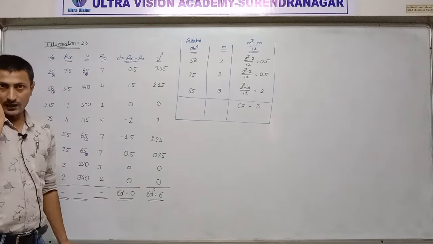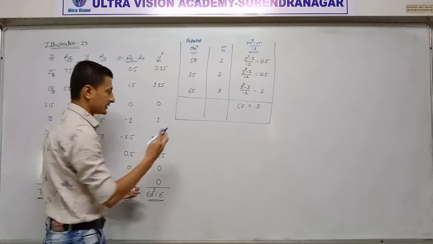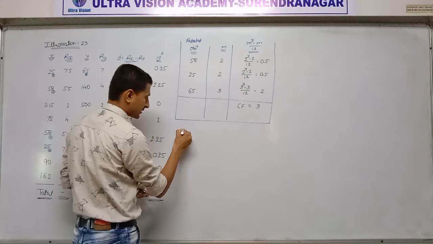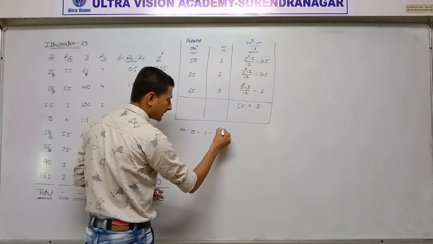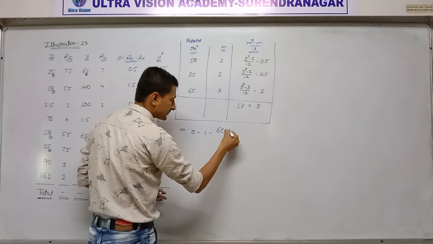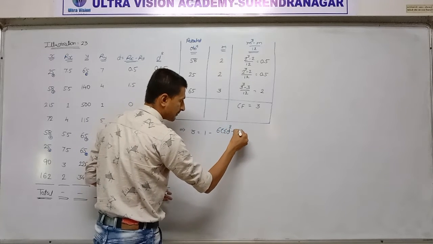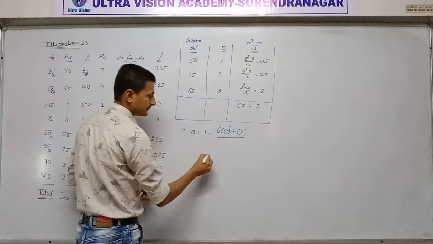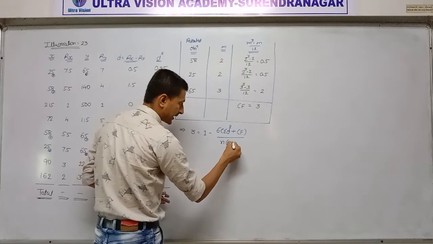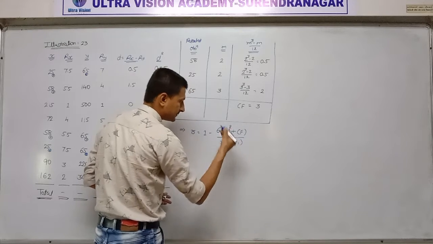Done. Now write the formula. Rank correlation coefficient R is equal to 1 minus 6 in bracket sigma d square plus CF, divided by n in bracket n square minus 1.